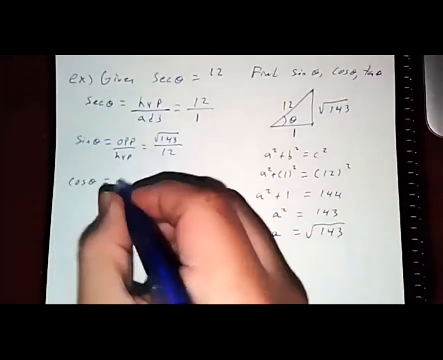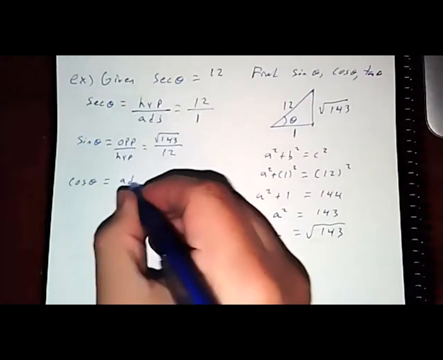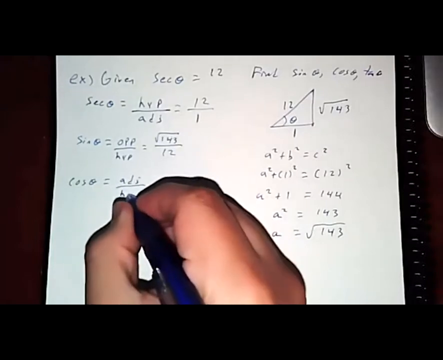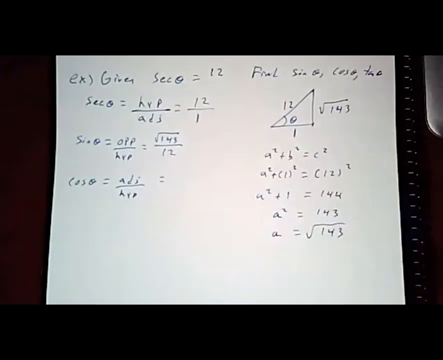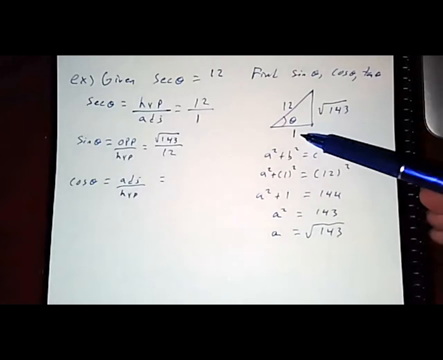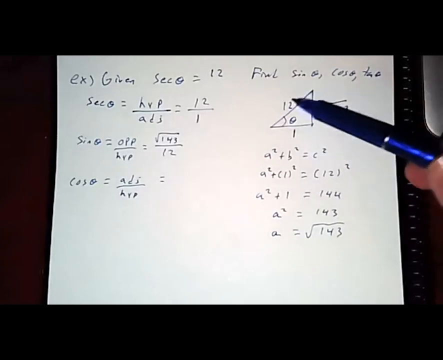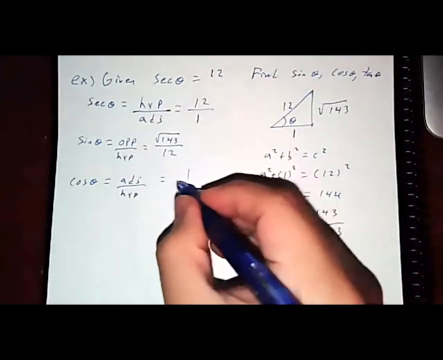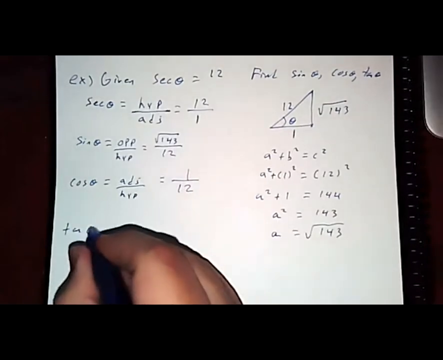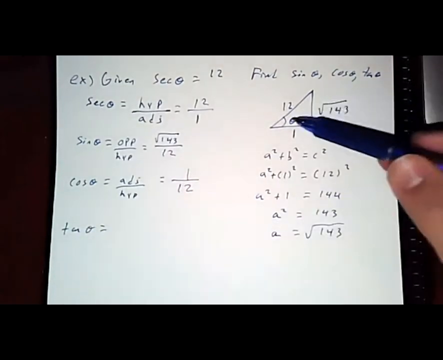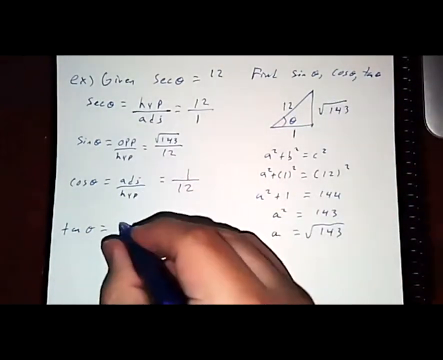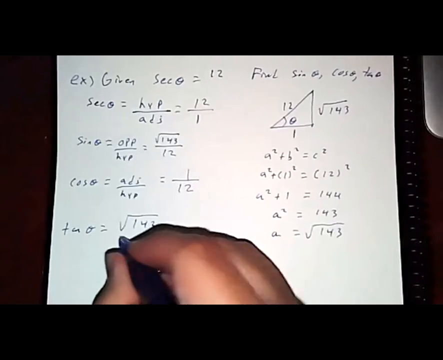Cosine theta is adjacent over hypotenuse, so the adjacent side right next to it, over hypotenuse. Finally, tangent is opposite over adjacent, so simply the square root of 143.